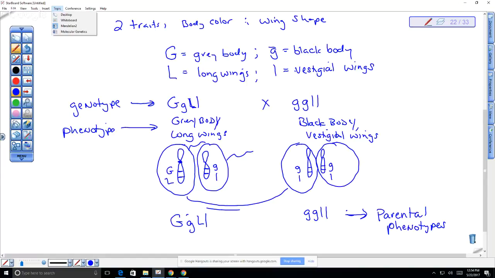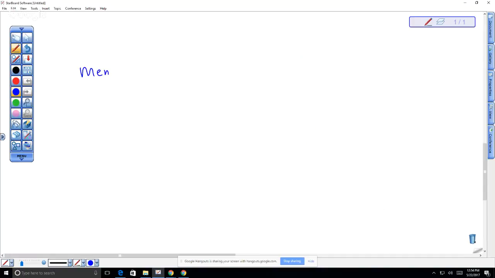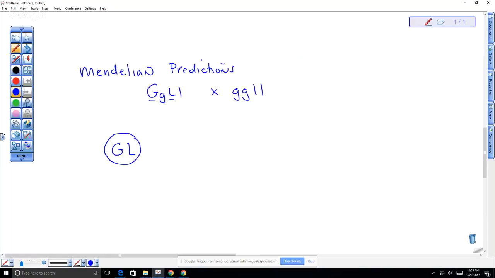Okay, so what Morgan found is different from what Mendel predicted, so let's do what Mendel predicted first. Okay, Mendelian predictions. If I have this combination, then there would be an equal chance of getting a big G and a big L. So I could have big G, big L as one of my sperm.